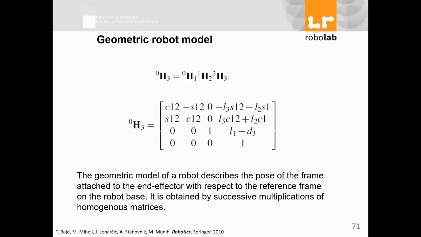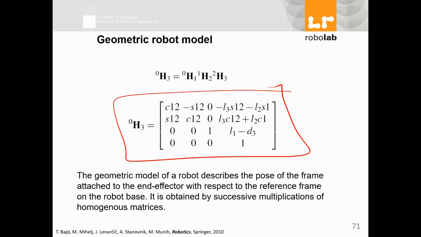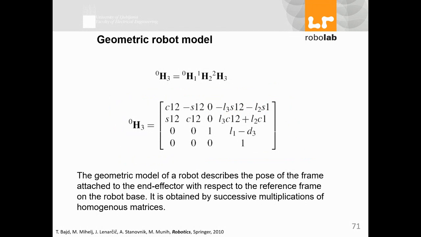After multiplication, I will get this answer: cosine of angles 1 and 2, sine of angles 1 and 2, and negative L3 times sine of theta 1 plus theta 2, and so on and so forth. You can find the relationship between your end effector and your base coordinate system. Any question?